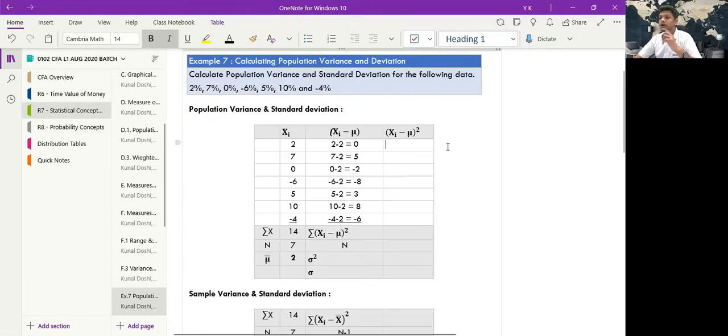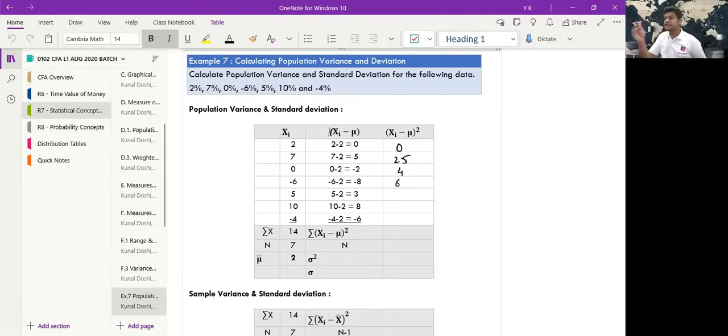So here I have taken all the numbers, but another way of getting rid of the problem of negative is doing the square of it. Square of any number is positive, correct? Everyone? So if I now take the square of this, here it will be 0, here it will be 25, 4, 64, 9, 64 and 36.